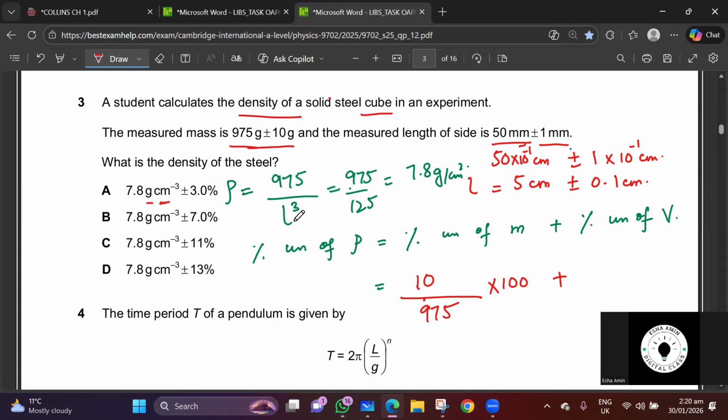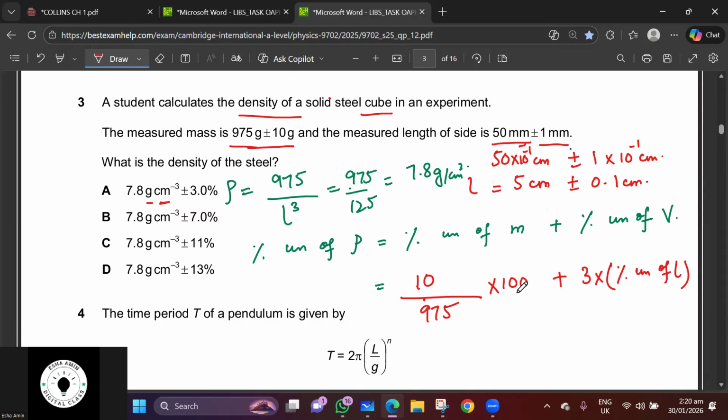Volume is L cube, that means three times the percentage uncertainty of length. The percentage uncertainty of length is 0.1 over its measurement into 100.